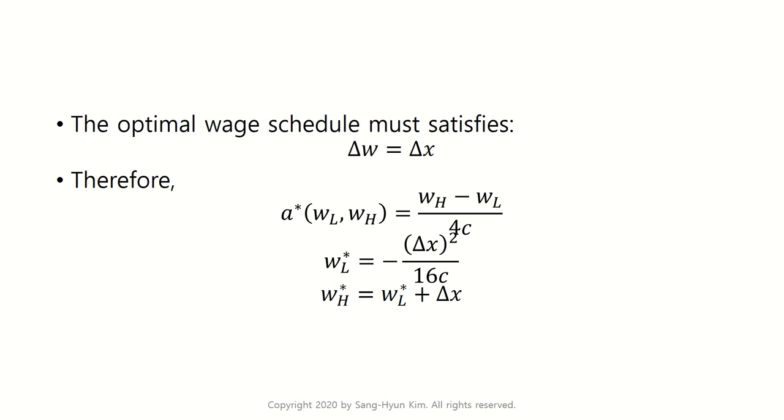If the reservation payoff is high enough, then WL will be high enough, and we don't have to worry about negative wage. So the first answer was, yes, it is theoretically possible to give a negative wage, and the second answer is that if we consider a positive reservation payoff for the agent, then this WL will be positive.